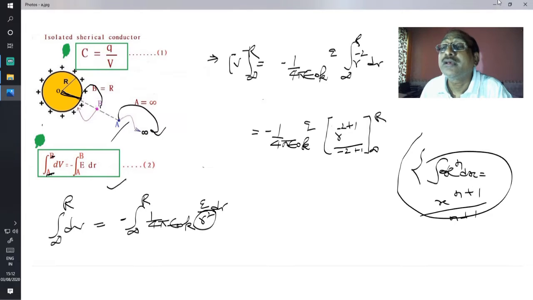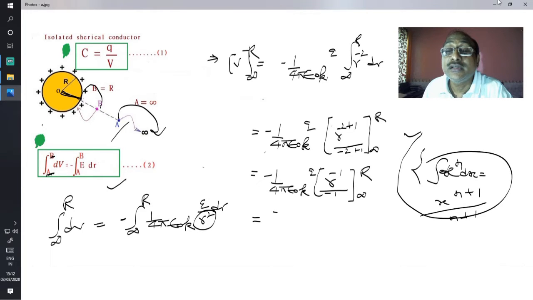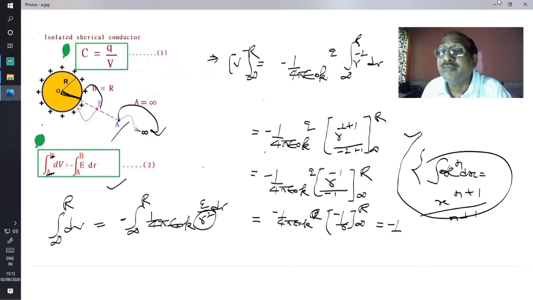Using this formula, integrate this one. We will find minus 1 upon 4 pi epsilon naught K Q, R raised to the power minus 1 upon minus 1, from infinity to R. You will find minus 1 upon 4 pi epsilon naught K into Q upon minus 1 by R, from infinity to capital R. It will become minus 1 upon 4 pi epsilon naught K Q, minus, put capital R here in place of small r, minus minus plus minus 1 upon infinity.